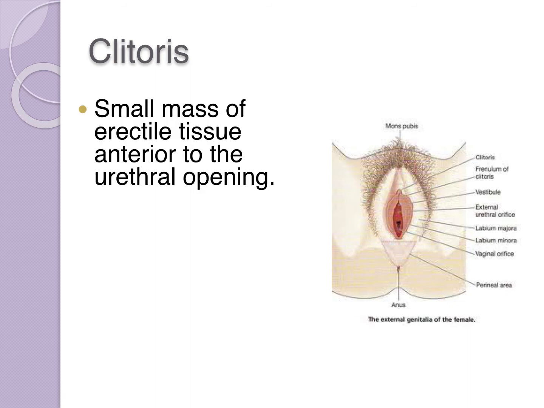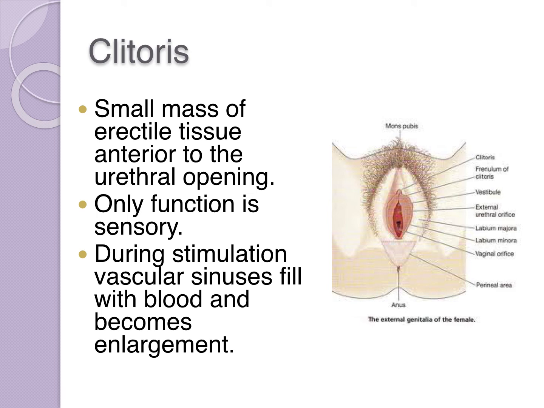The clitoris is a small mass of erectile tissue anterior to the urethral opening, so in front of when we're standing in anatomical position, and its only function is sensory, no motor function, and it becomes more active during stimulation simply because it's relatively similar to that of the penis, meaning it's got vascular sinuses which will fill with blood, and the clitoris will become more enlarged and therefore more sensitive during any type of touch.